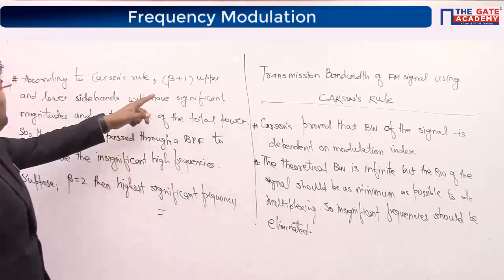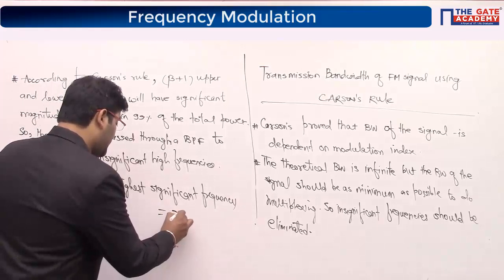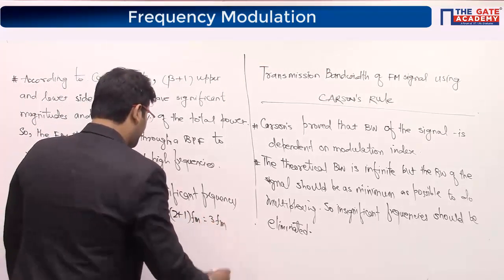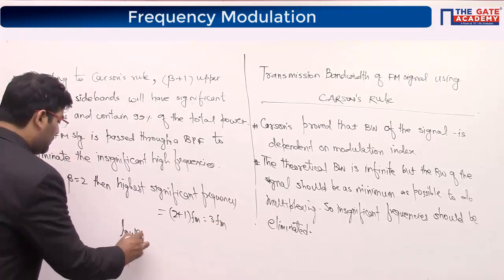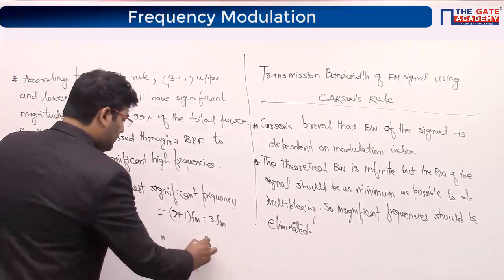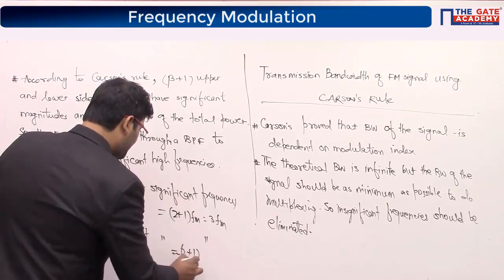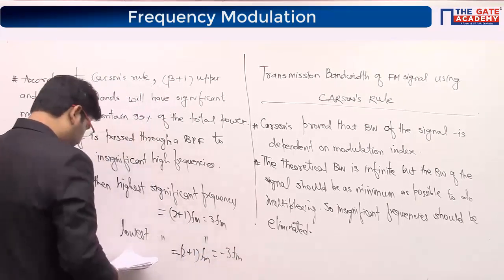Beta plus 1 FM. So beta plus 1 means what? 2 plus 1 FM will give me 3 FM, right? And similarly, the lowest significant frequency would be minus 2 plus 1 FM, so it will give me minus 3 FM. Okay?